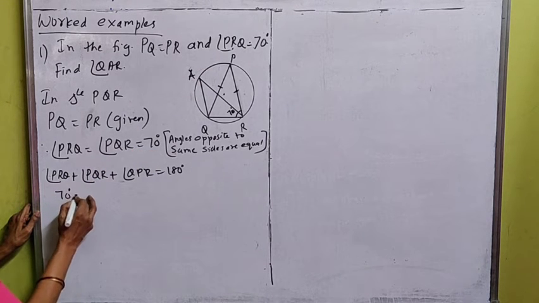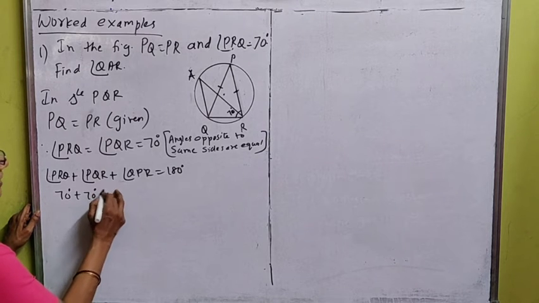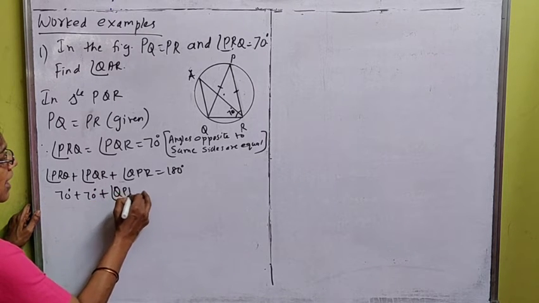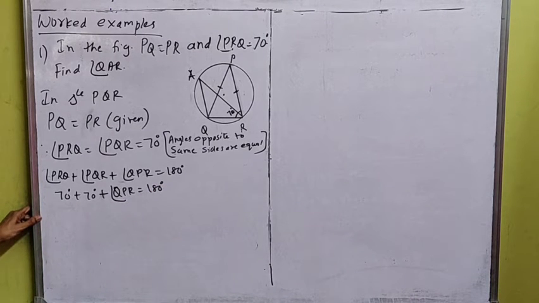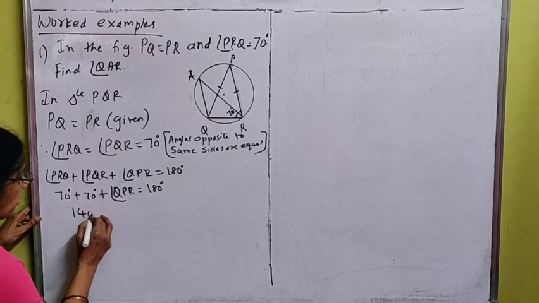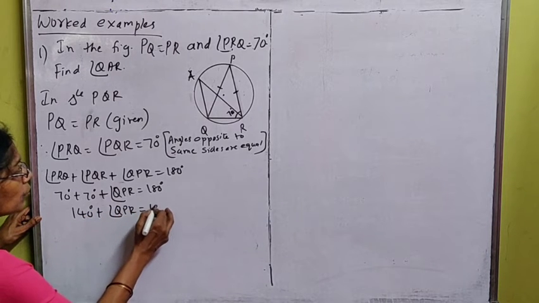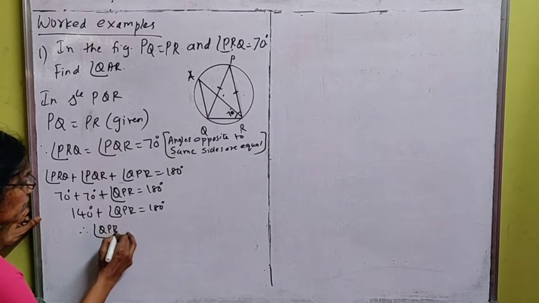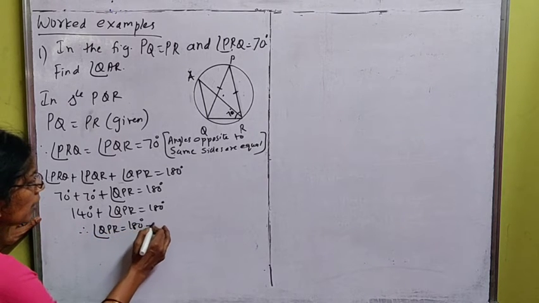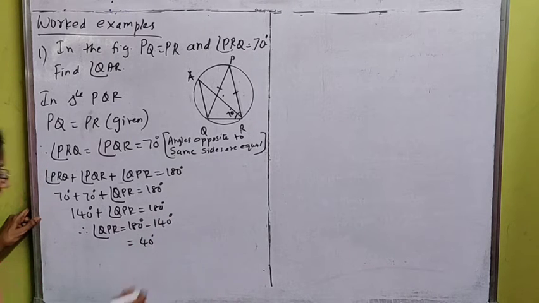So 70 plus 70 plus angle QPR is equal to 180 degrees. How much is 70 plus 70? It is 140 degrees, plus angle QPR is equal to 180 degrees. Therefore, angle QPR is equal to 180 minus 140, that is 40 degrees.